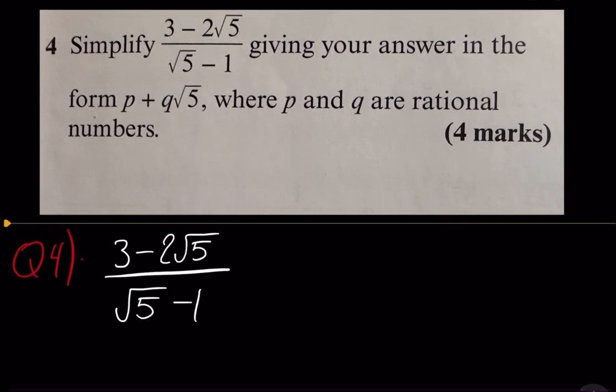All right, so as always, I'll be completing this question as though I'm in an exam style situation. So I'll start off by rationalizing the denominator immediately. So the conjugate of root 5 minus 1 is negative root 5 minus 1.